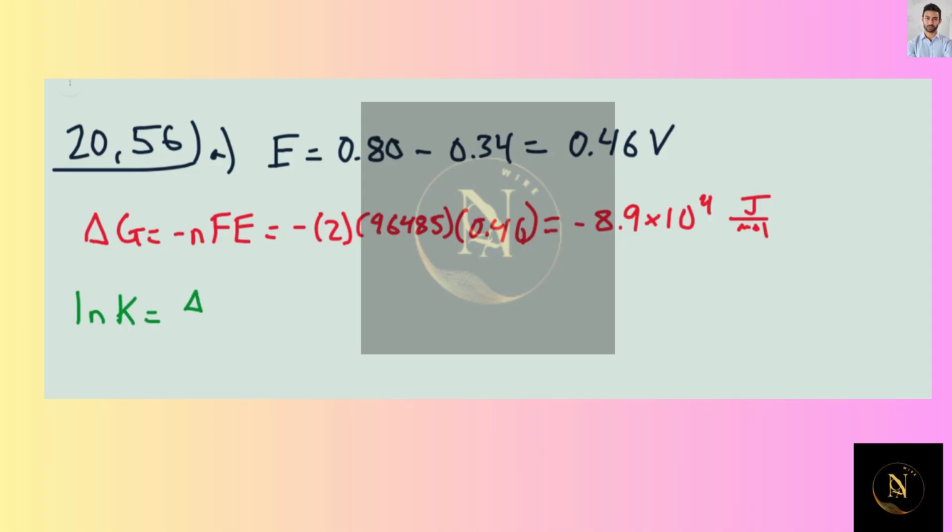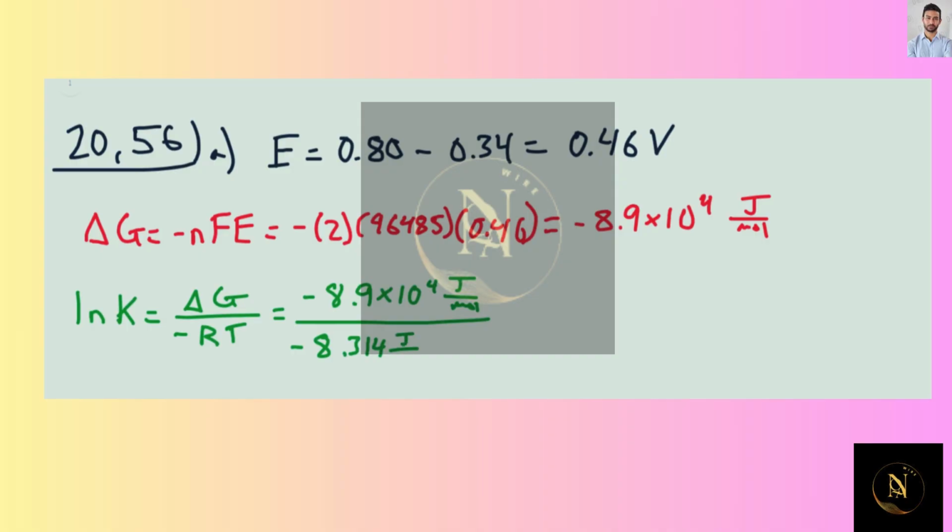So we have ln K equal to delta G over -RT. So we have -8.9, the value we just calculated, times 10 to the 4th joule per mole. We have -8.314 joules per Kelvin per mole. And we have our temperature, which we're told is 298 Kelvin.